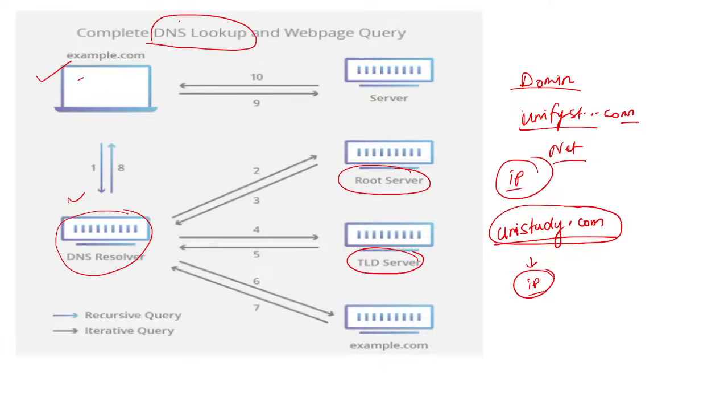It will come to that TLD server. Now it will search exactly where the name Unify Study is. After that it will get it in the 6th, then 7th step. After getting it, again it will send it back. Then ultimately it will get the IP address. Okay, this is the IP address.